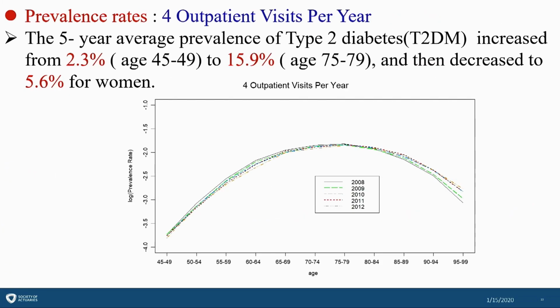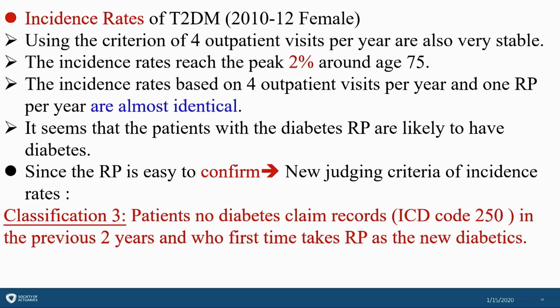Let's see the 4 outpatient visits per year. The 5-year average prevalence of type 2 diabetes increased from 2% to 60%, and then decreased to 6% for women. For the incidence rate, we use the criterion of 4 outpatient visits per year, and it is also very stable. The incidence rate reached a peak of 2% around age 75.